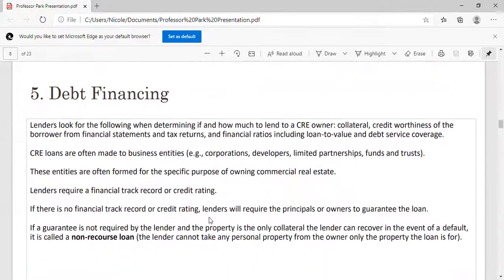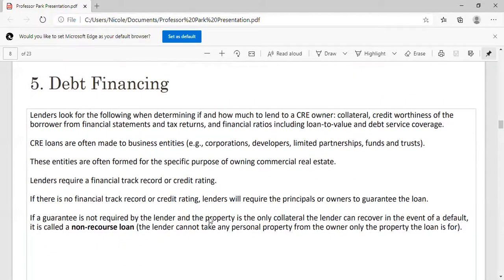So for debt financing, when you speak to lenders and when they determine how much to lend you, they'll look at the collateral of the entity and the creditworthiness from the financial statements and tax returns, and then some financial ratios, which include loan to value and the debt service coverage ratio. The loans are usually made to business entities.